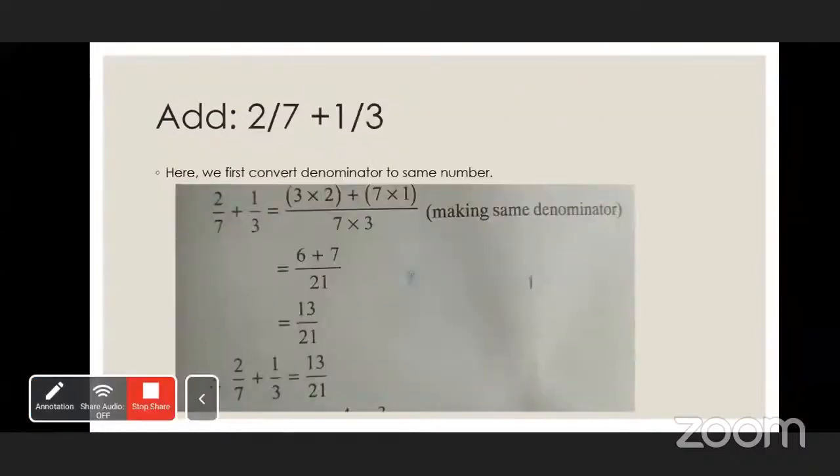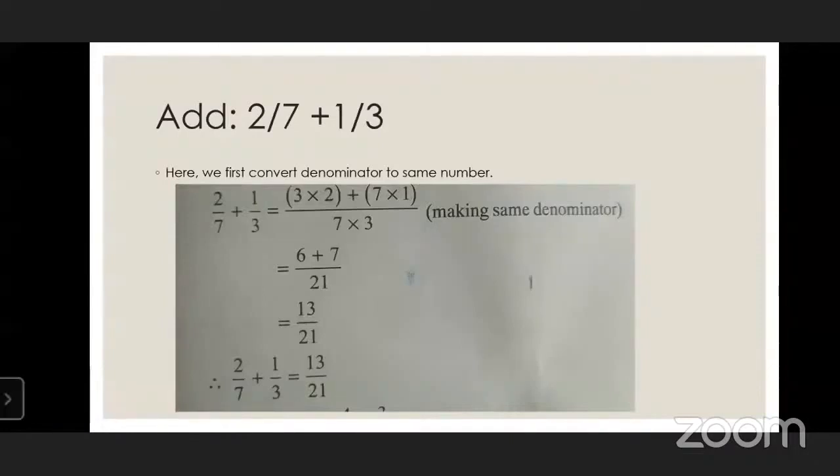See here, an illustration is given: 2 upon 7 plus 1 upon 3. They will cross multiply. So easily, we have to multiply the first numerator by the second denominator and the second numerator by the first denominator. We will get 3 multiplied by 2 plus 7 multiplied by 1 upon 7 multiplied by 3.